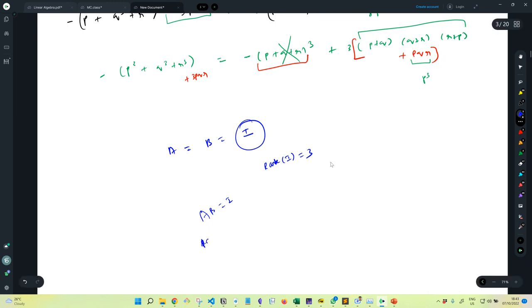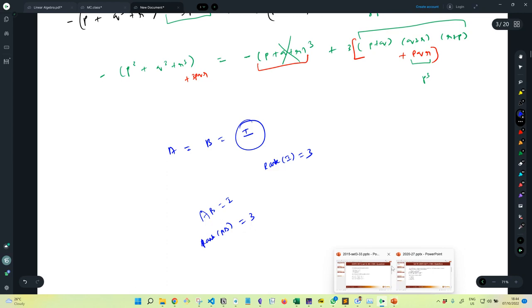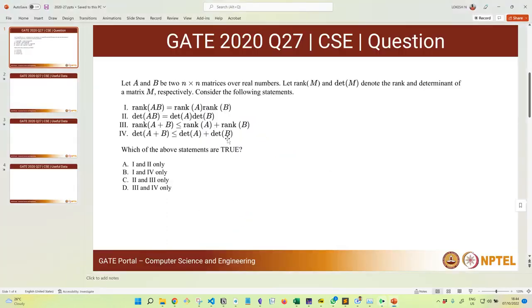Thus, rank of AB equals 3 again, but rank of A into rank of B equals 9. And 3 is not equal to 9. That is why the first statement is wrong. Is the argument clear? Okay, I think it is clear.